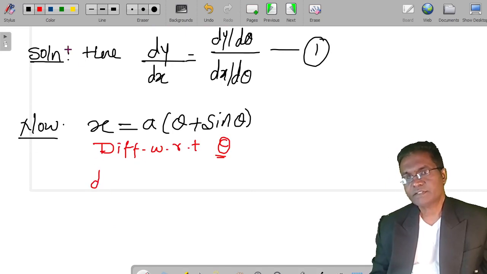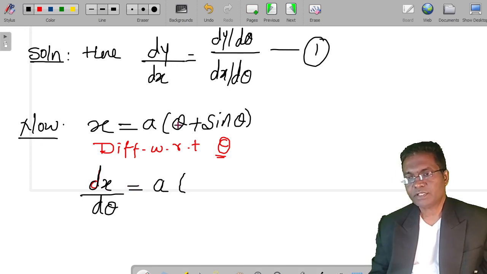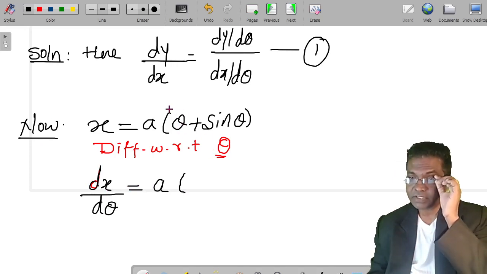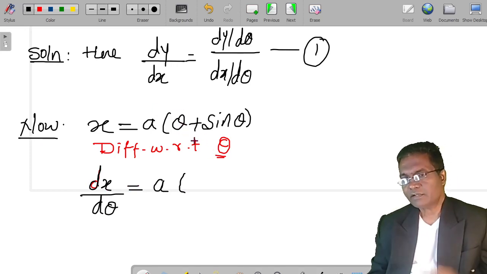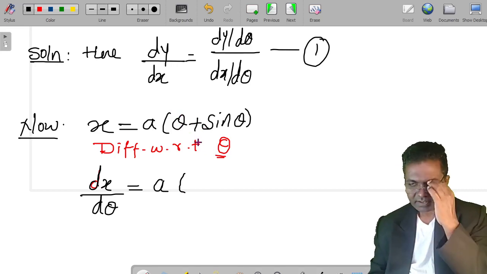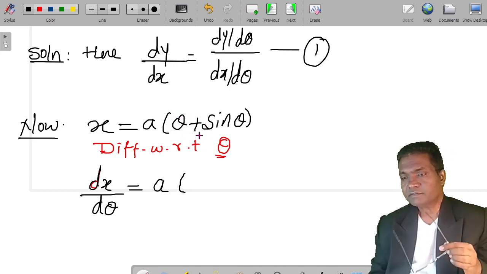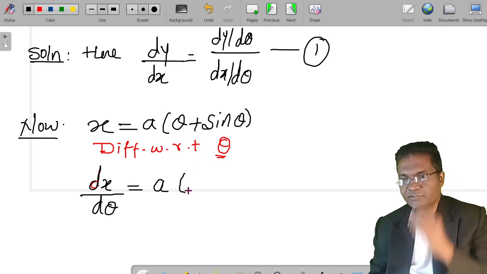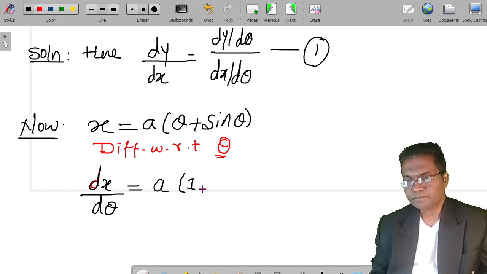So it is dx by d theta is a into the derivative of theta with respect to theta. Okay, so the derivative of x with respect to x is 1. In the same form, the derivative of theta with respect to theta is also 1. Carefully, the derivative of sine theta with respect to theta is cos theta. Okay.